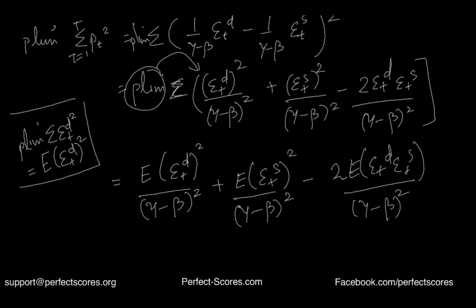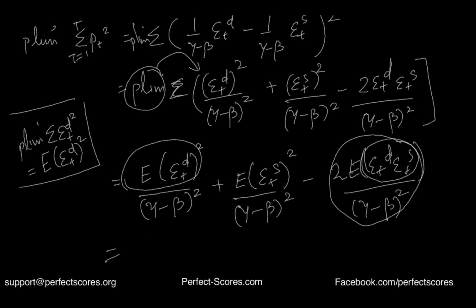If you check the assumptions that we drew in the first video when we set up this model, we assumed this to be 0, right? Because the error term of demand and the error term of supply are supposed to be independent. So this term goes to 0, and we're just left with these terms. If you go back to that video again, you would know that the expected value of the error term demand squared is nothing but the variance of this term, because the expected value of the error term of demand is supposed to be 0.